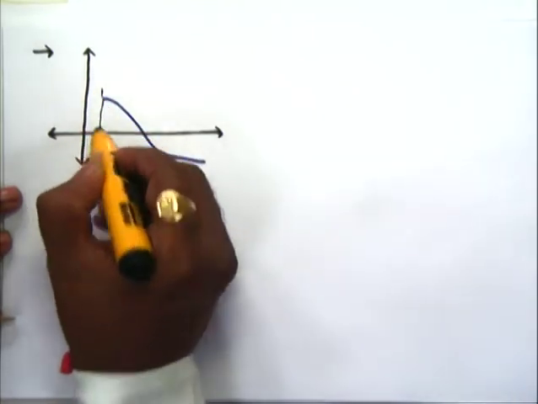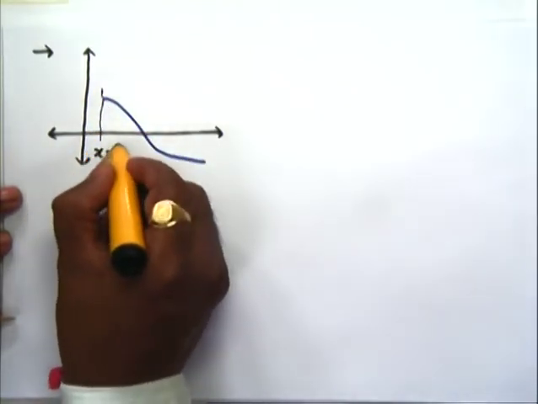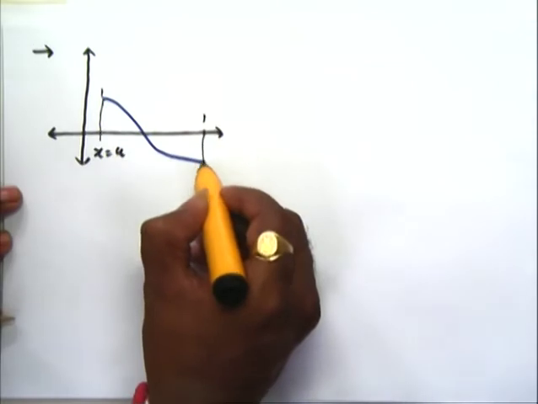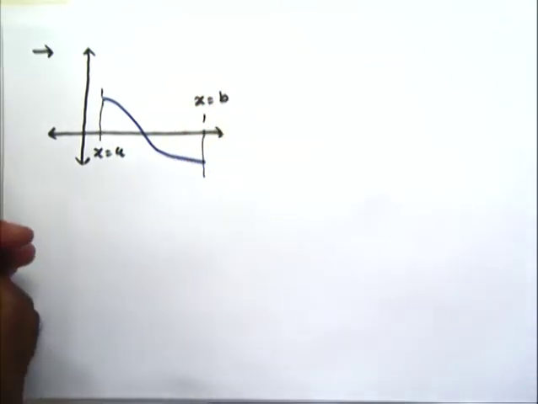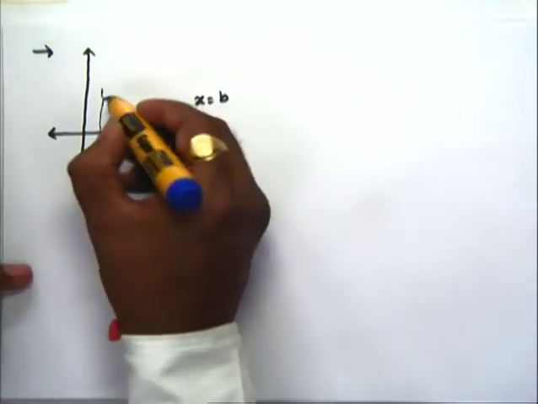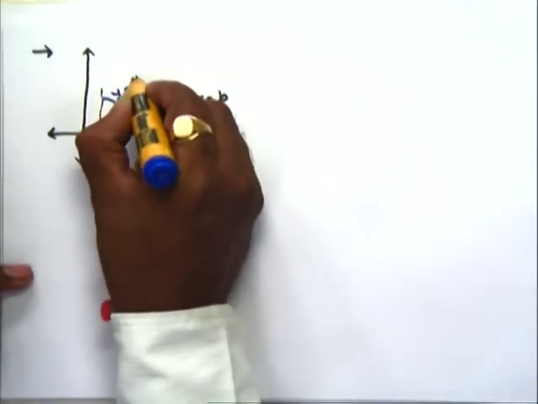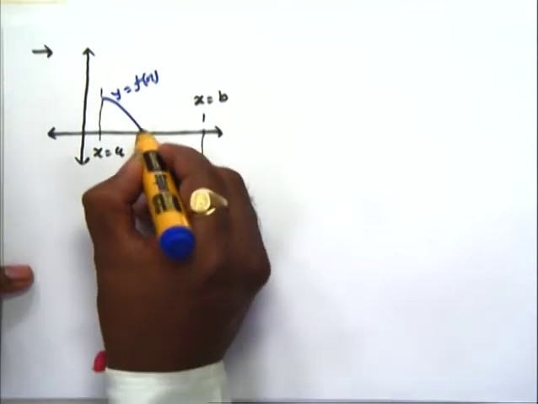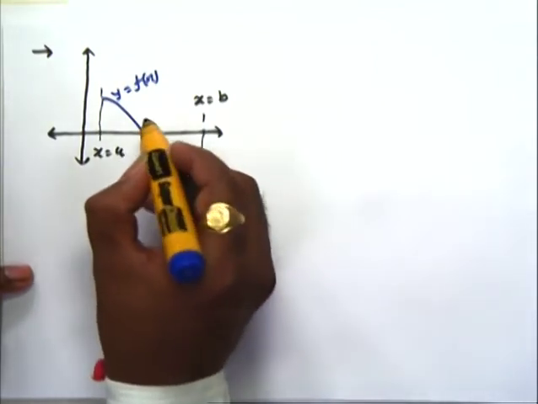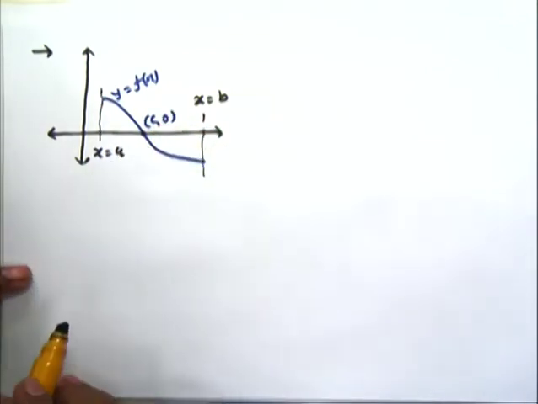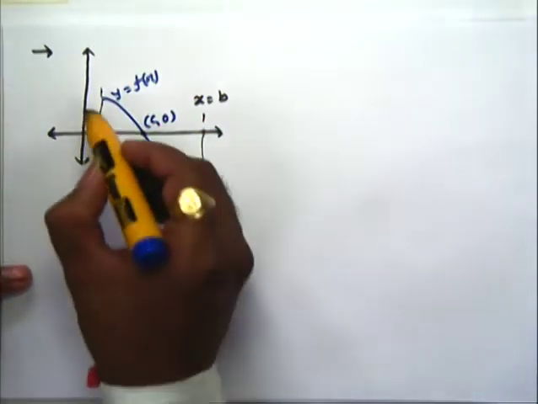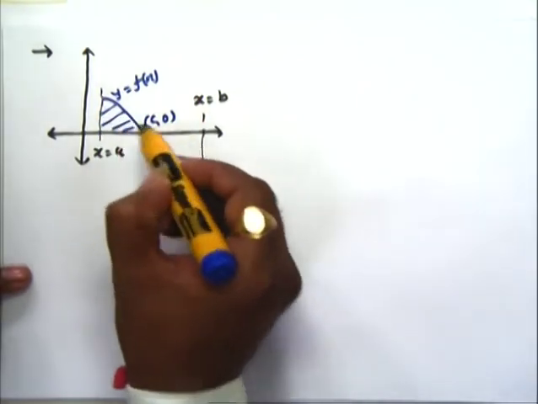This is x equal to a line, this is x equal to b line, and this function is y equal to f(x), and it intersect x-axis at C0 point, suppose, and we want to find this area.